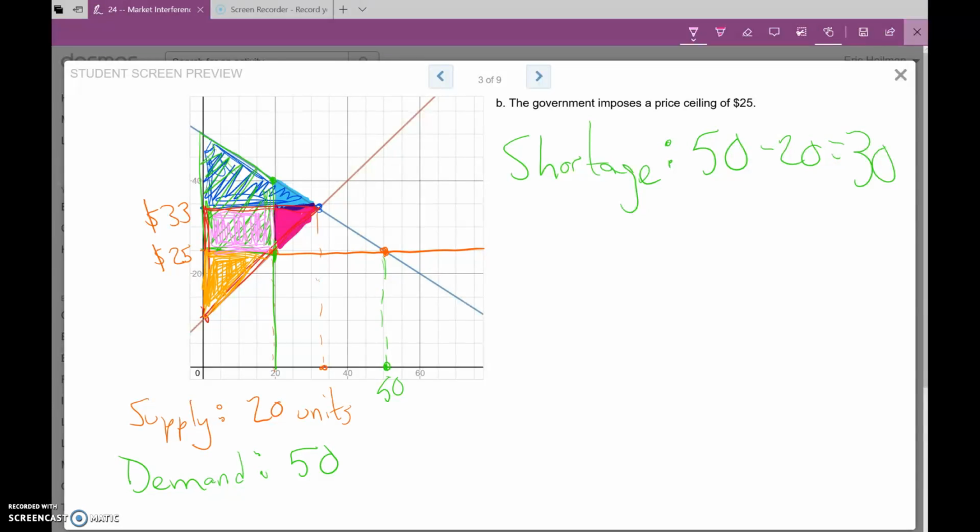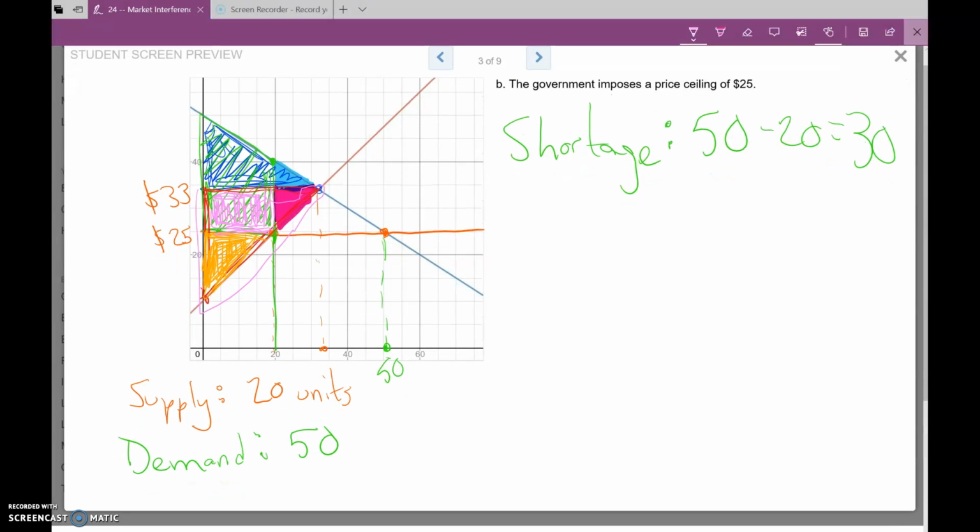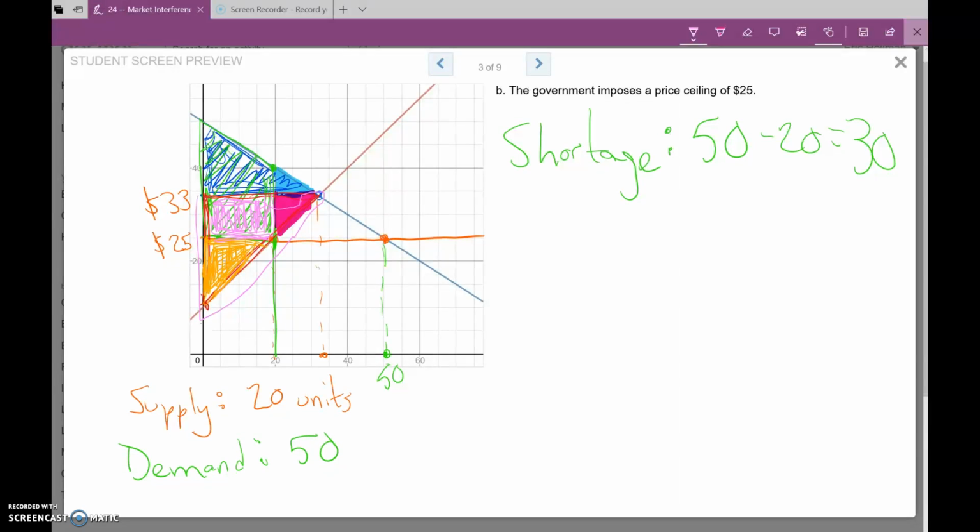So if you look at the original producer surplus, which was this whole triangle, slide back down. This portion was transferred from producers to consumers. So this shows how a price ceiling that's binding is great for consumers because they are able to get a product at a lower price than they were paying before. Not so great for the producers.